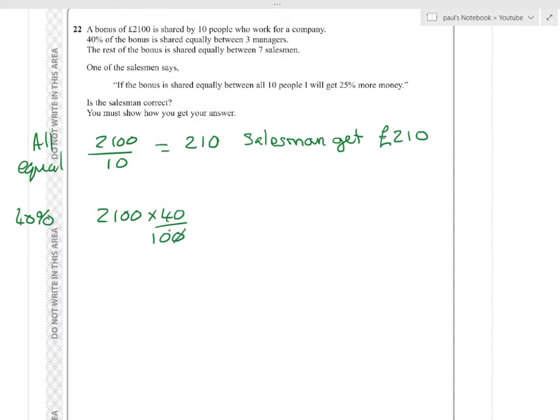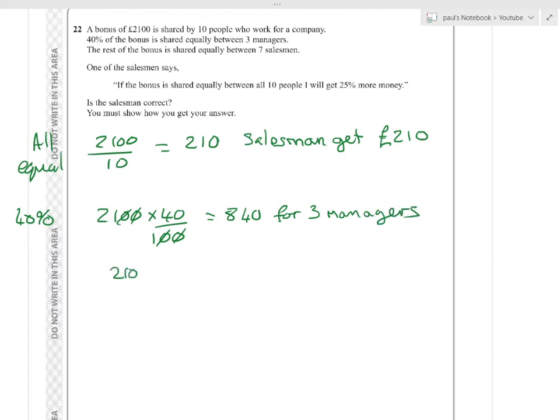So let's cancel a couple of these things out. So 84. So that equals £840. So the 3 managers, this is for the £840 for the 3 managers.